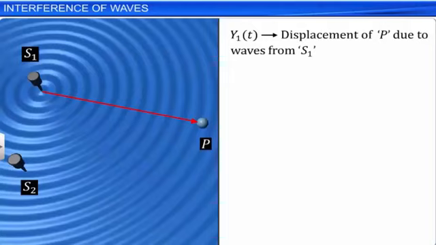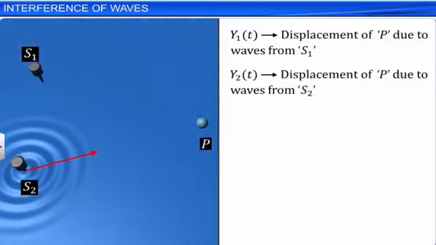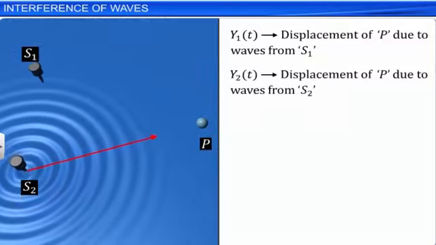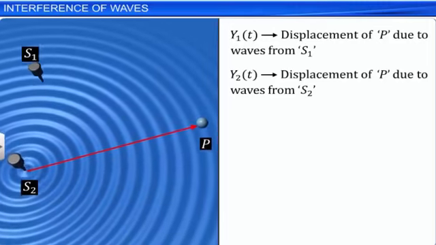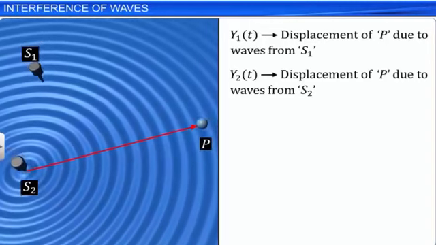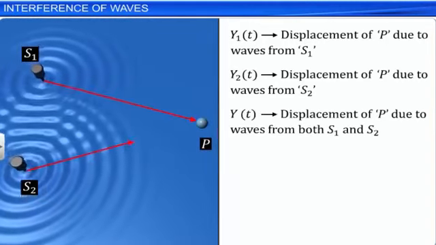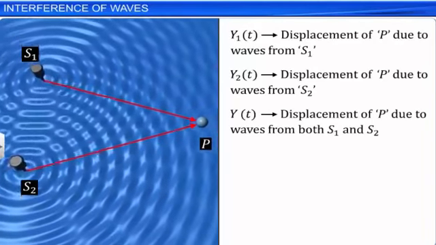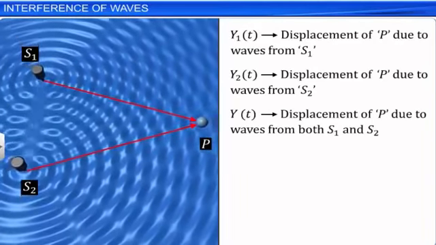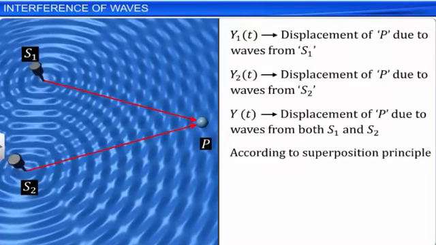Similarly, when waves generated at S2 reach the point P, the displacement caused is given by y2(t). If waves from both S1 and S2 reach the point P simultaneously, the resultant displacement y(t) is given by the superposition principle as y(t) equals y1(t) plus y2(t).